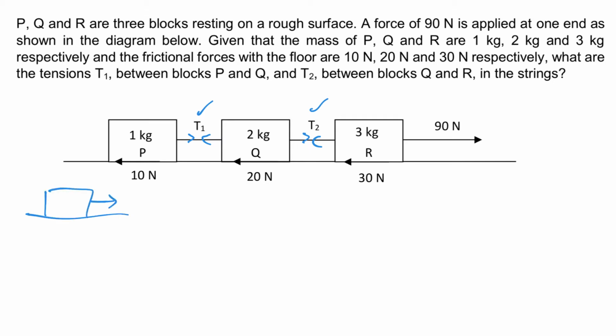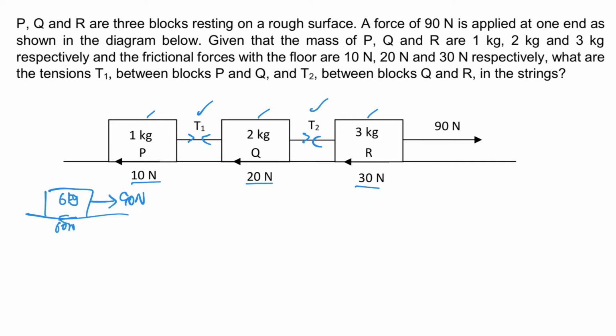Okay, and there's a force of 90 Newton pulling to the right, and the total mass is the sum of the 3 boxes, so it will be 3 plus 2 plus 1, so total mass will be 6 kg, and the total frictional force, you're going to sum all of them up, it will be 60 Newton to the left.